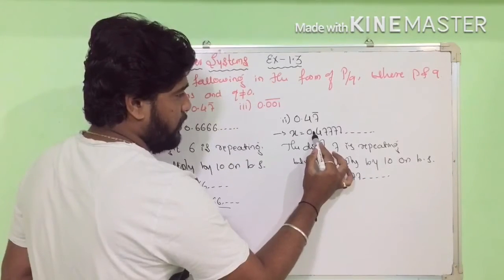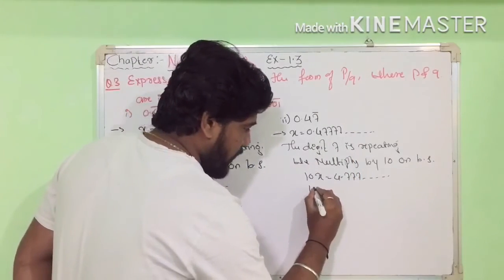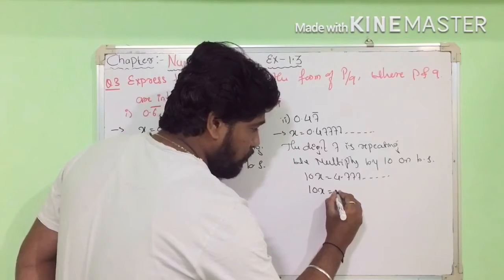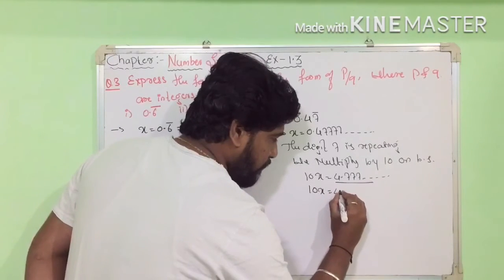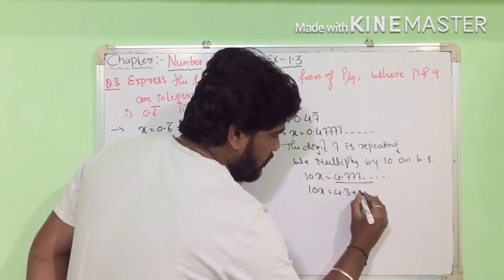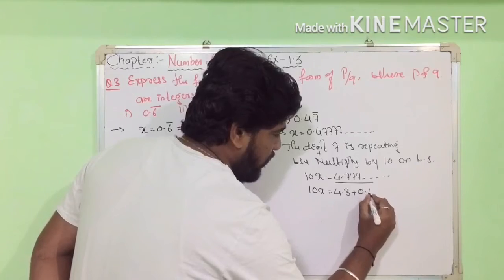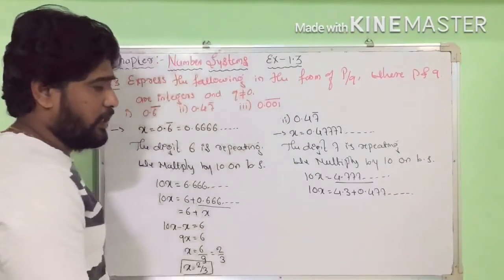So multiplying by 10 means this point comes here. Is it clear? So now 10x as it is equal to, this one we can write as 4.3 plus 0.477 and so on. Is it clear?